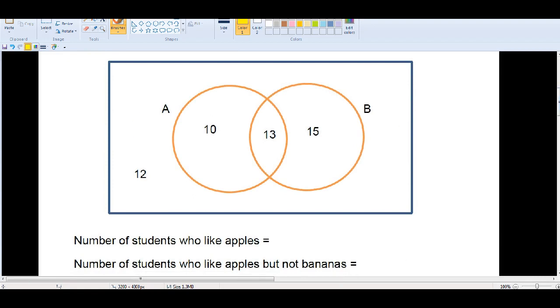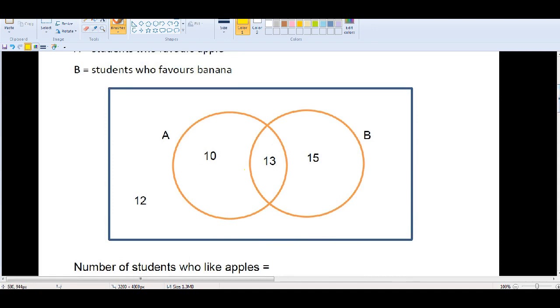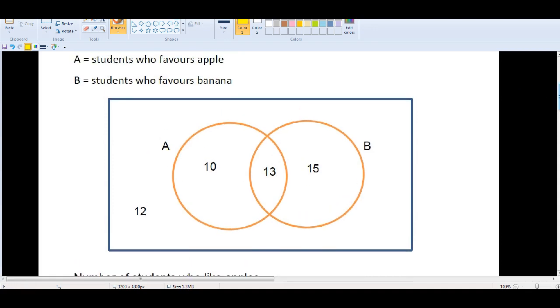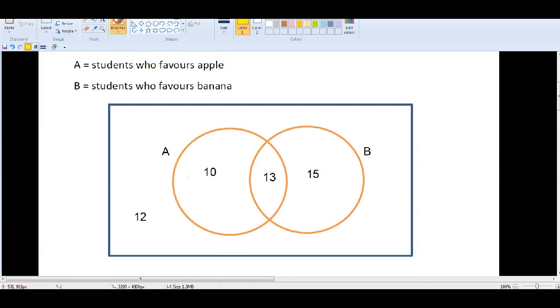In this Venn diagram, there's a rectangle. That rectangle means the total number of students, which includes all students. And there are two circles. One circle we label A, and the number in that circle represents the students who favor apple.